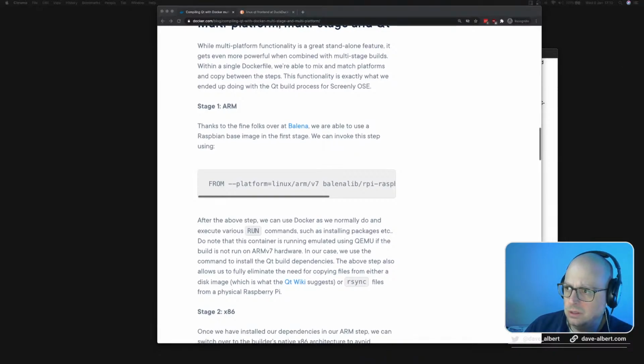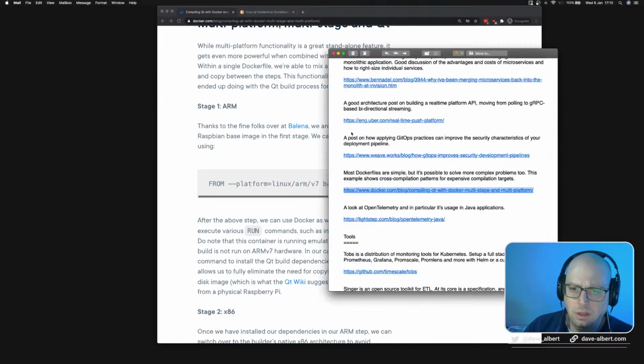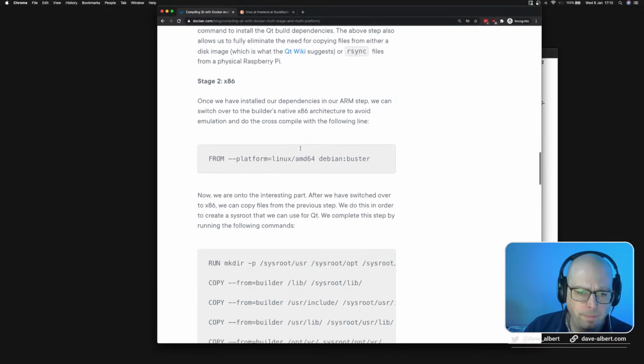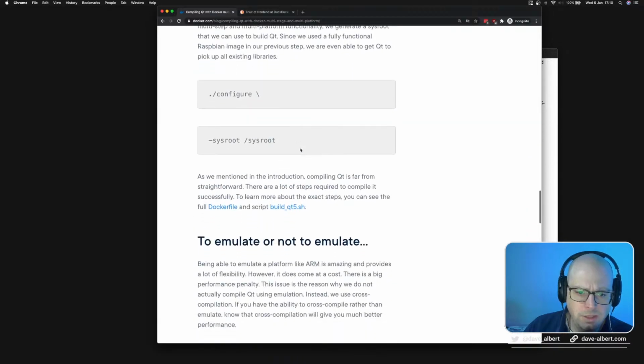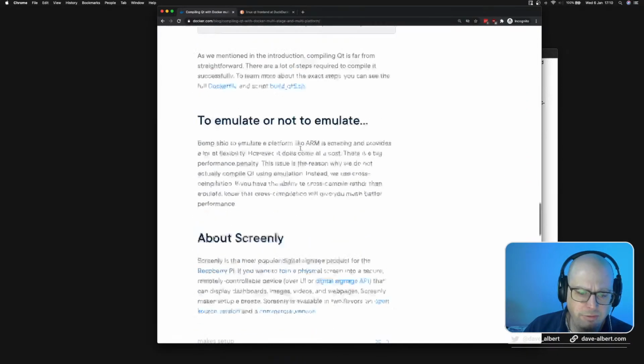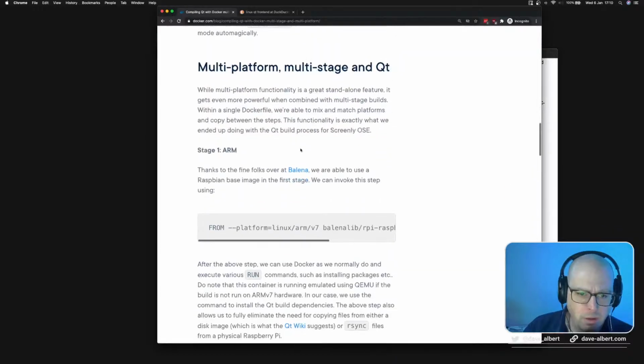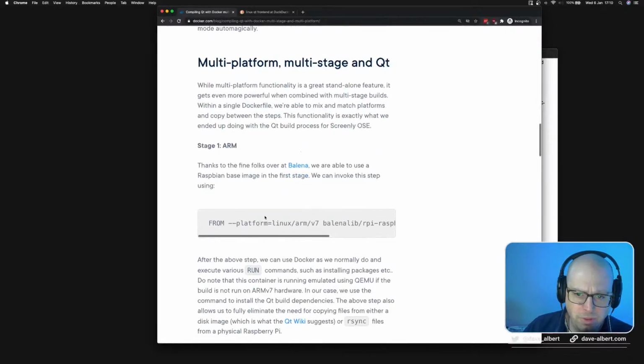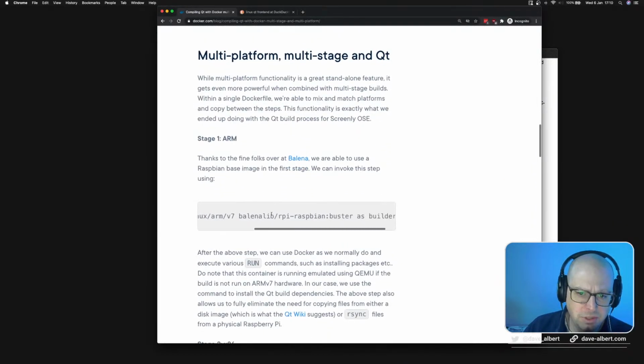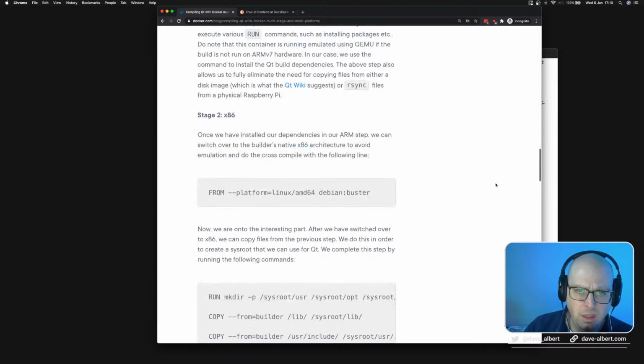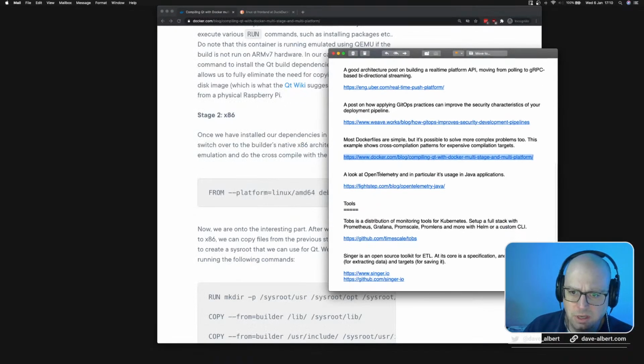Let's see here. Okay. Yeah, just some Docker containers stuff. So, from with a platform. All right, that's interesting, but not much to see there.